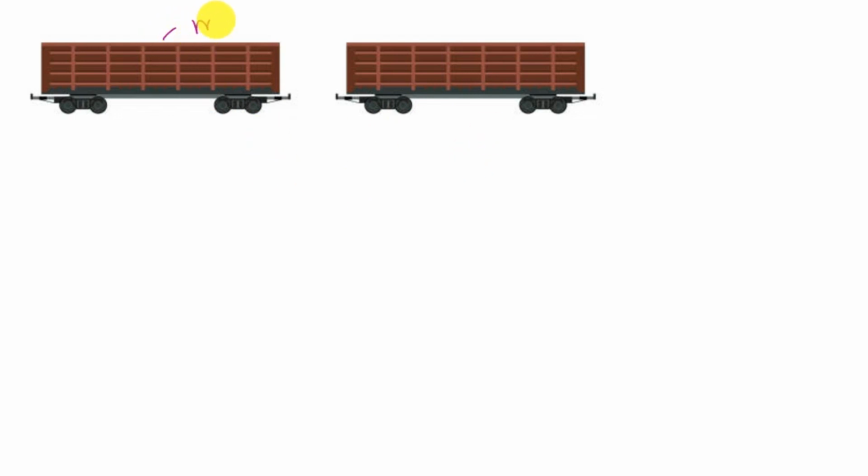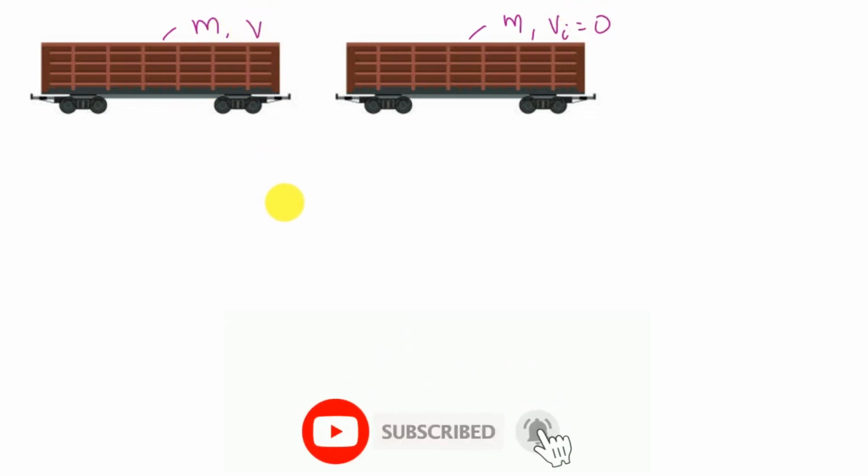This one has mass m, here also the mass m. Initially this car was at rest, so its initial velocity was 0, and the other car's initial velocity was v. After the collision, both cars stick together, and we need to find the kinetic energy of the system after the collision as compared to the initial kinetic energy.